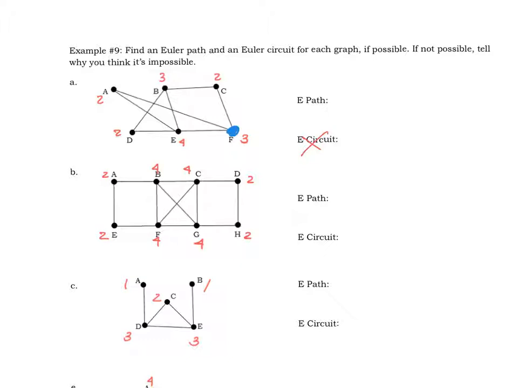But I'm going to go ahead and go straight to C, and then to B, and then from B to E, from E to F, from F to A, from A to E, and then from E to D, and from D to B. And as you see, I have used every single one of these edges, and I ended up at B, and that was an odd vertex as well.